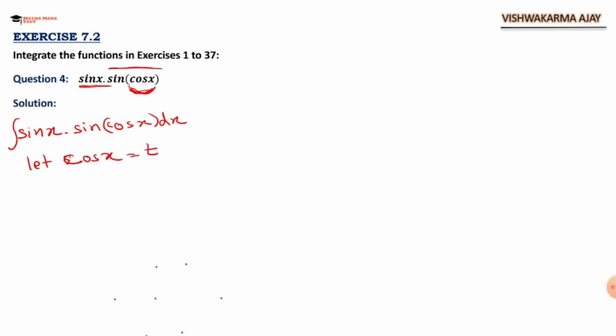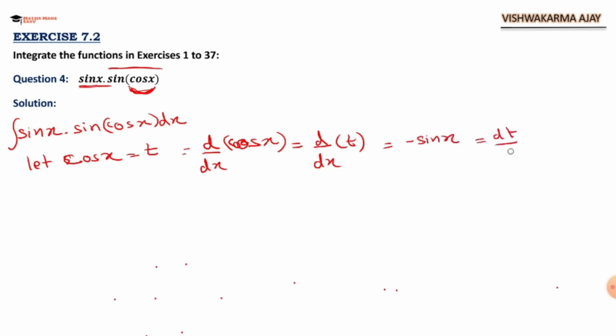So the derivative of cos x, I will do it like this, d upon dx of cos x is equal to d upon dx of t. Sorry for this handwriting. Now, derivative of cos x is minus sine x. Minus sine x is equal to dt upon dx.